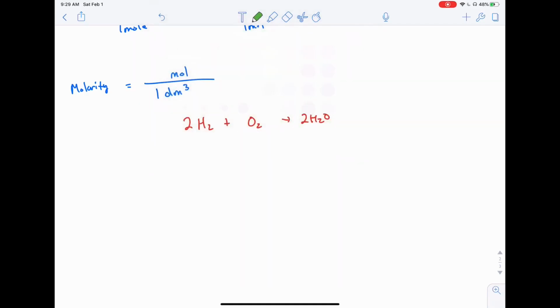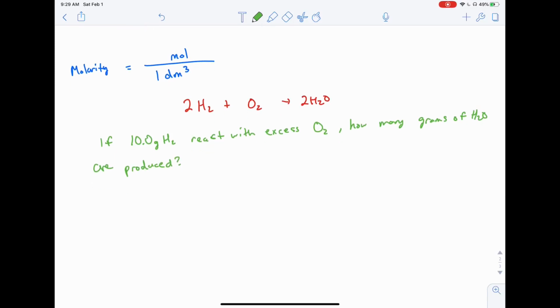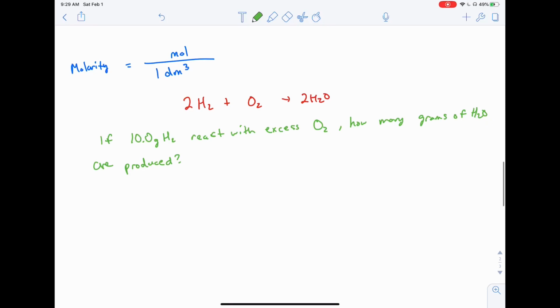Let's do one where I say if 10 grams of H2 react with excess O2, how many grams of H2O are produced?